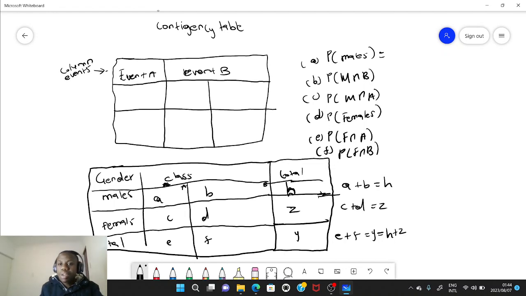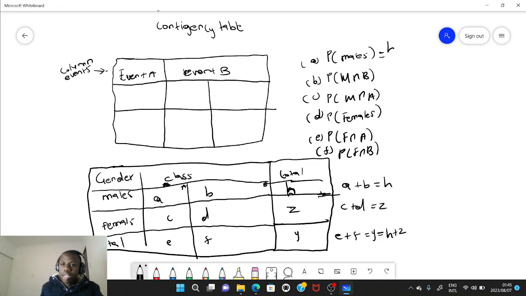We never classified whether we want the male from class A or class B, like I said, this is class A, and this is class B. So we will take the total number of males, that is the total of this row, which is A plus B. A plus B, we know in this case is equivalent to H.